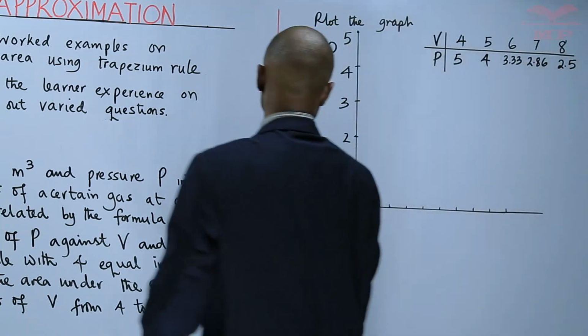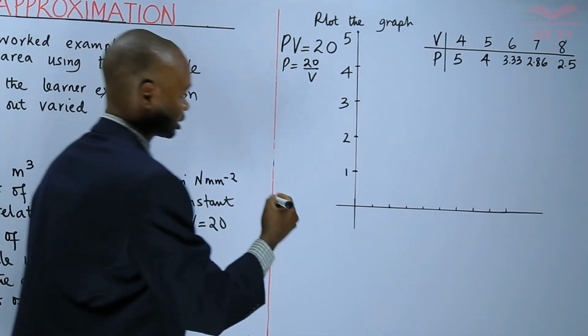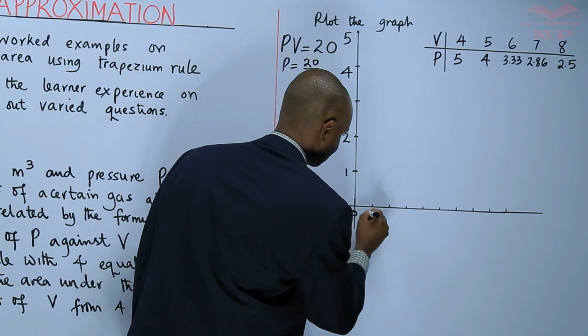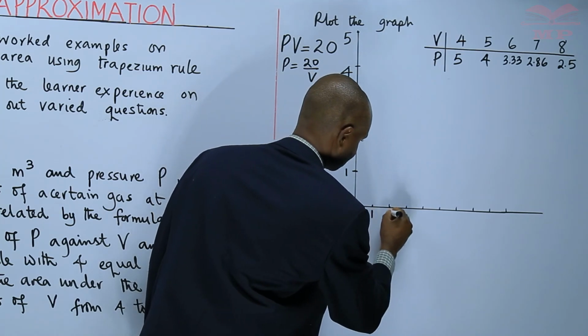I've used a small one so that we easily get the values 4 and 8.